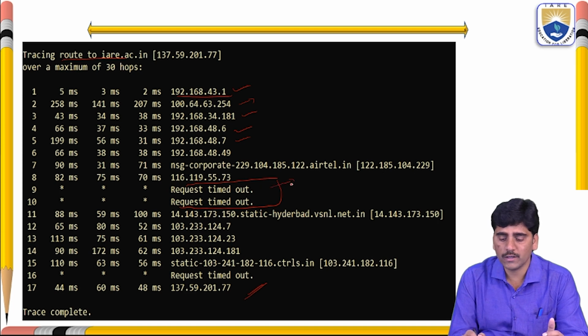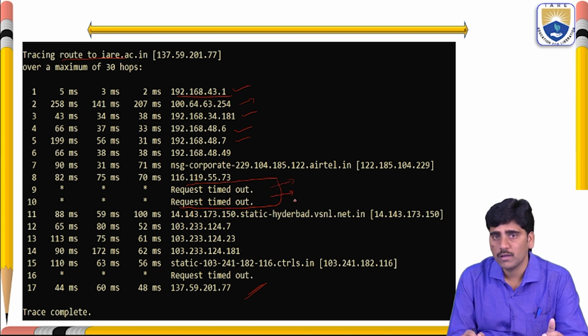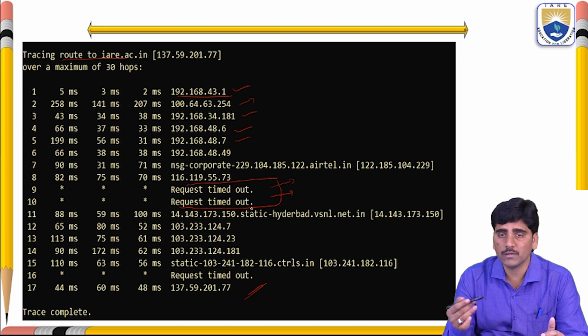The data, after waiting for some time, has to be timed out. Because of that router failure, the data has to be passed on to the next router. And again, the next router has 88 milliseconds, the 12th router 65 milliseconds, the 13th router 113 milliseconds. In this way, the data is transmitted across all the routers to the destination, maintaining a certain time across the routers.